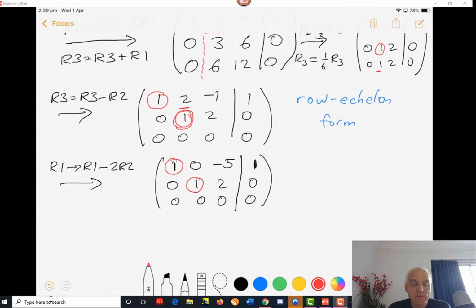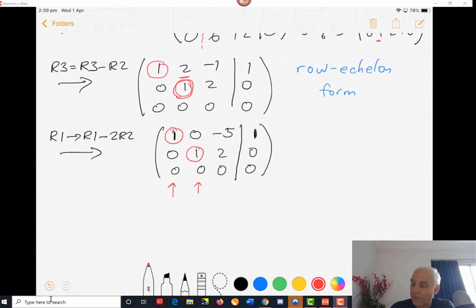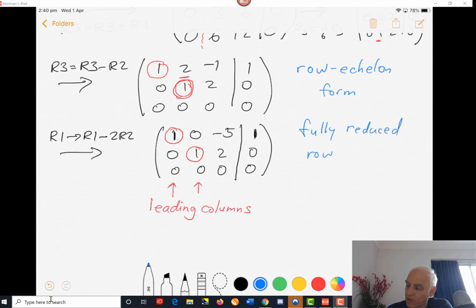So those leading entries are the only things in those columns. These 2 columns that have these special ones in them, just by themselves, are called leading columns. So that's good. That's one of the properties of what's sometimes called fully reduced row echelon form.